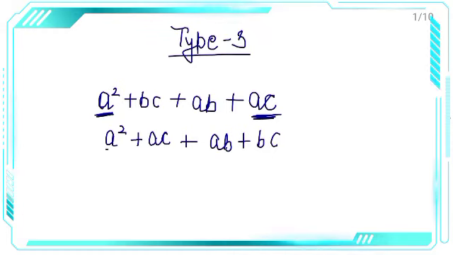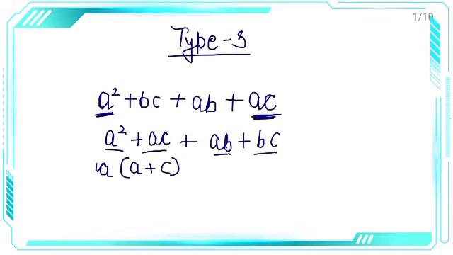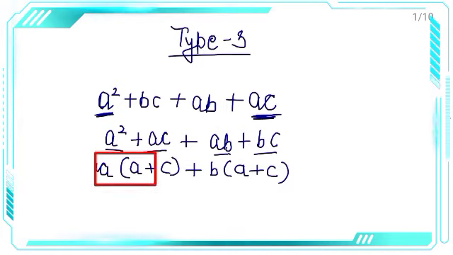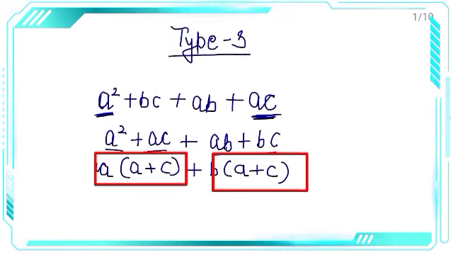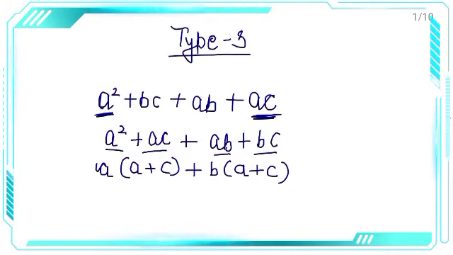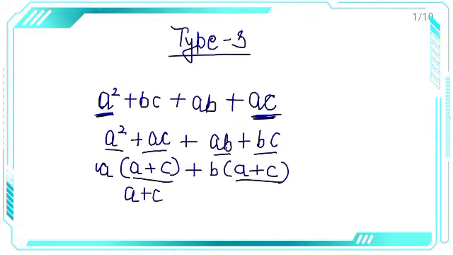Now from these two terms we will take a common, so this will become a plus c. From these two terms we will take b common, so it will become a plus c. Now in this term and in this term we have a common binomial factor. This is like type 2 now. So we will take this common binomial factor a plus c outside the bracket. Now in the bracket we are left with a plus b. So this will be your answer.